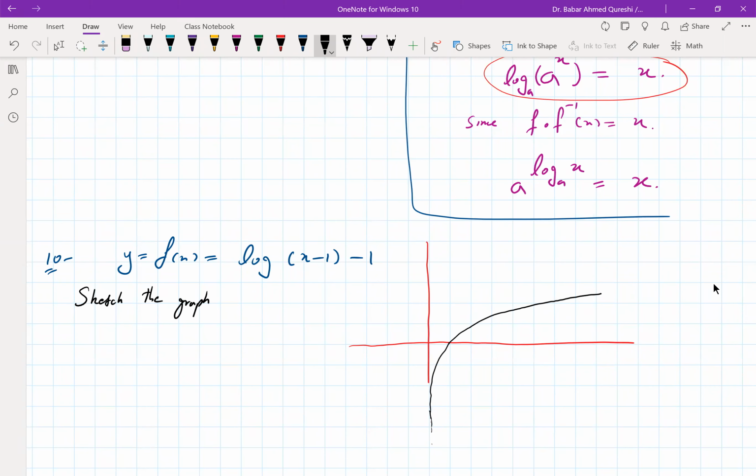And it's a -1, so you have to shift it here. So it will be shifted like this. And then you pick it up. So this point goes up here. Looks something like that.